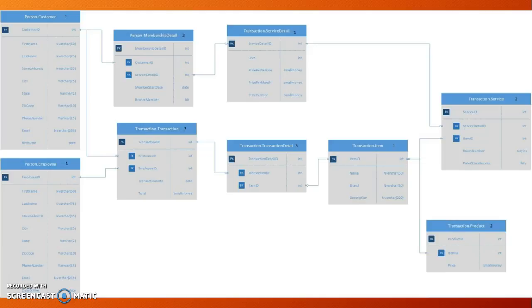That could be the case, but we want to be realistic in that you're not always going to buy a month or a session or a year of tanning every time you buy a product. So that is why I did it this way, so that the item table joins together the service and product tables, acts as more of a detail table to those two, and also helps us with that bridge table between our transaction and item.